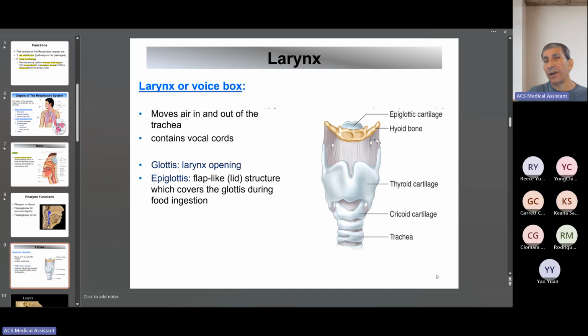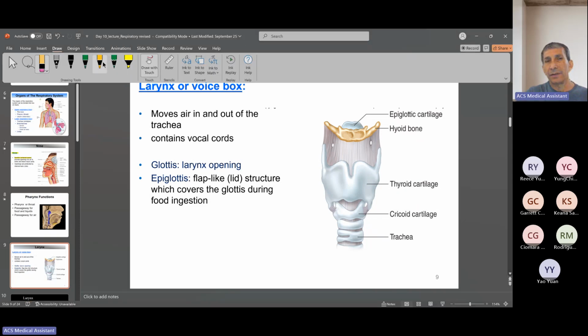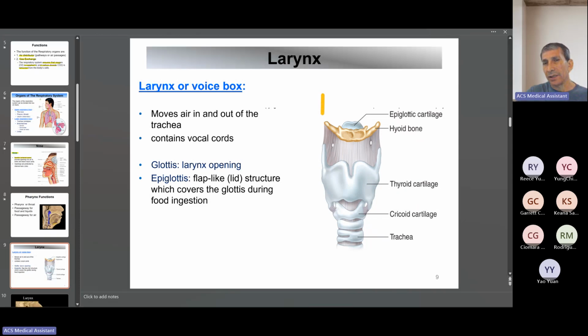This is the structure that connects the pharynx with the trachea. On top, we have the pharynx that is connected here. This is the larynx, the whole thing up to here, and this is the trachea that is connected on the bottom part.